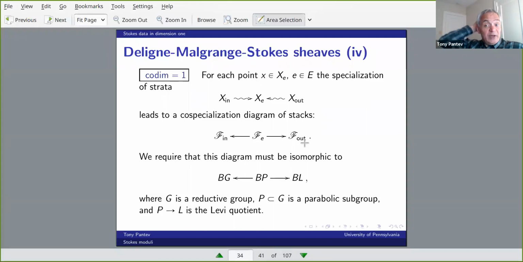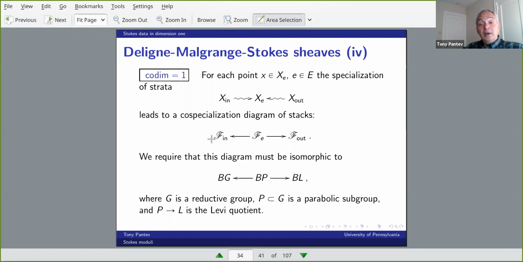Now, on one-dimensional strata, the condition is this. For each arc, the arc separates an inner and an outer stratum. So we have specializations of strata: the arc is in the closure of some inner stratum and some outer stratum. This induces co-specializations of the values of the sheaf on the strata, from the value of the sheaf on the arc to the value of the sheaf on the inner stratum and to the value on the outer stratum.